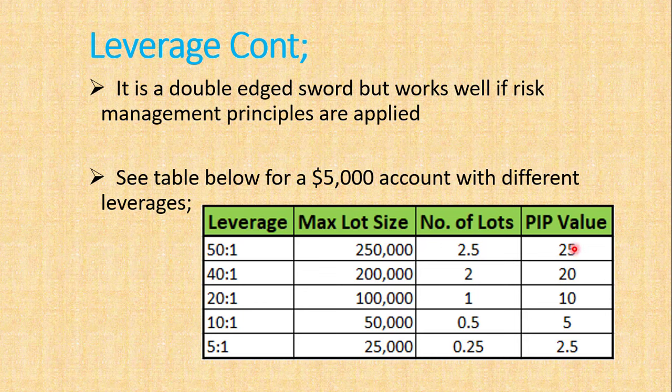For this example, if you choose to work with 25 as the value of your pip, to lose the account you need about 200 pips. But if you work with 2.5 as a pip value, meaning you have chosen 5 to 1 as the leverage, you need about 2000 pips to lose your account.